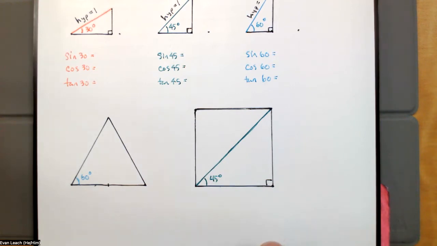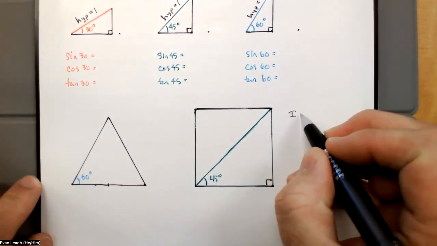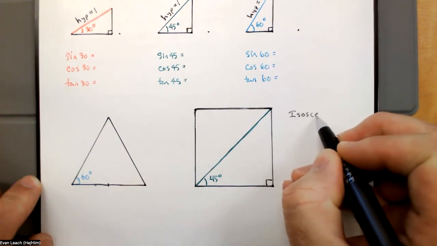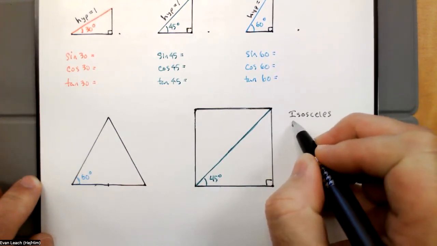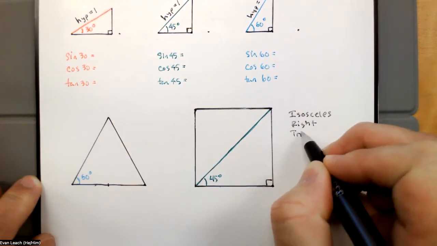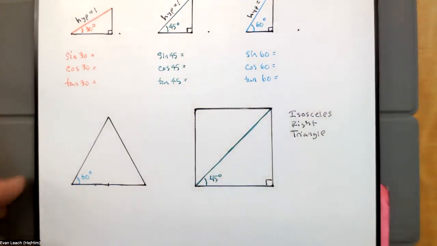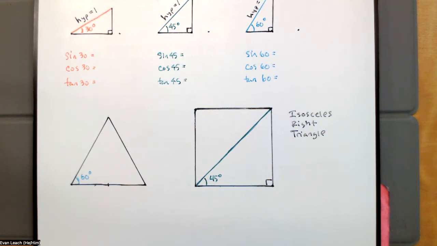So we're going to use an isosceles right triangle. And we're going to use half an equilateral triangle.